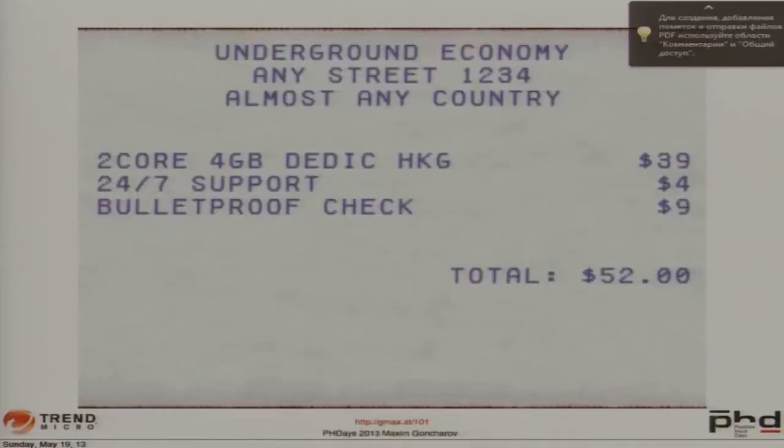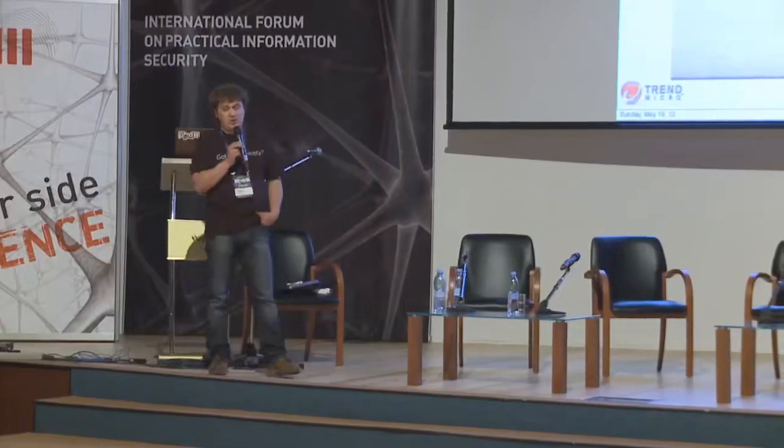The price of an abuse-proof server for your botnet is very close to normal hosting price if you do it legally, which means that the offer in the market is enormous. There are lots of services claiming that they offer bulletproof hosting, so that you can be completely sure of your data.